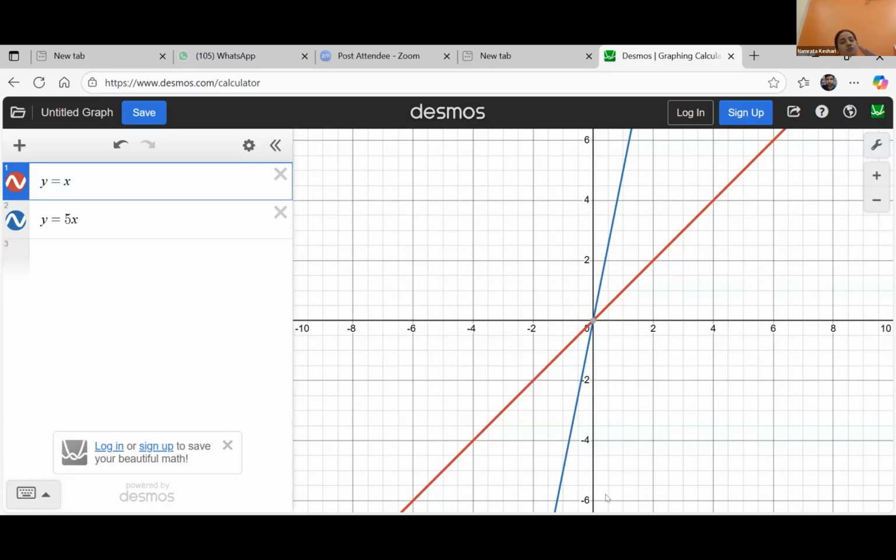If x changed 0.4 and y changed just 2, and then x is 0.8 and y is more than 4, then for a very small change in x, y is changing hugely, which means the slope is more. Getting it?